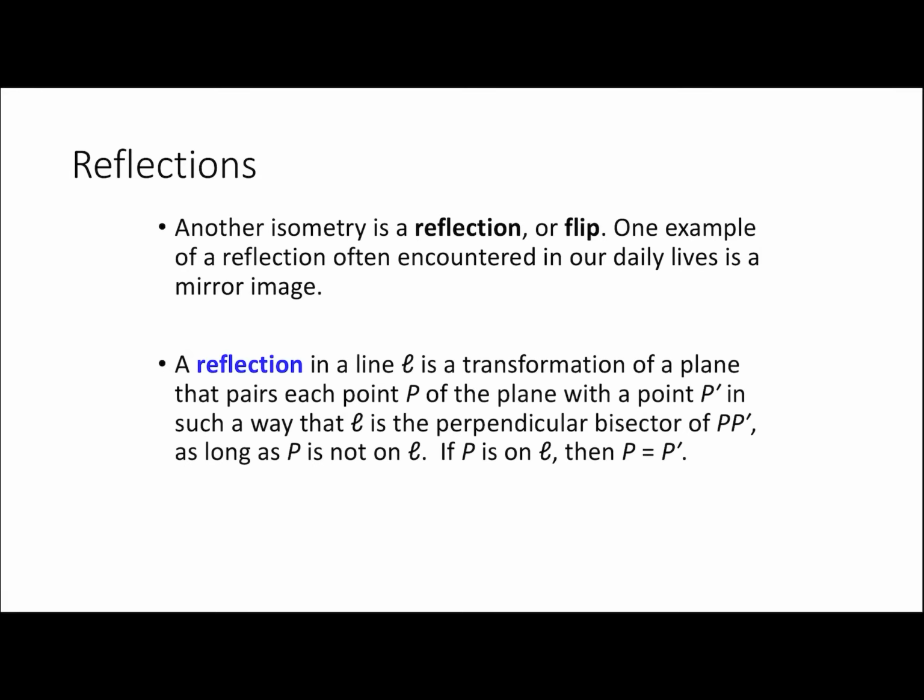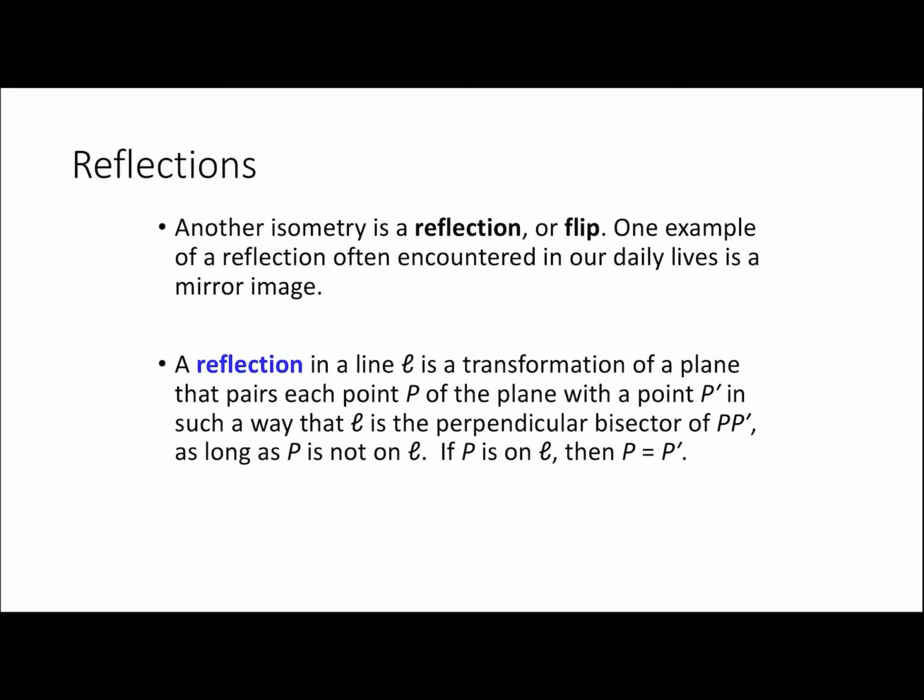Now, a reflection from a geometric standpoint is when we take a figure and flip it across a line. So reflection in line L is a transformation of a plane that pairs each point P of the plane to a point P prime in such a way that L is a perpendicular bisector of PP prime.